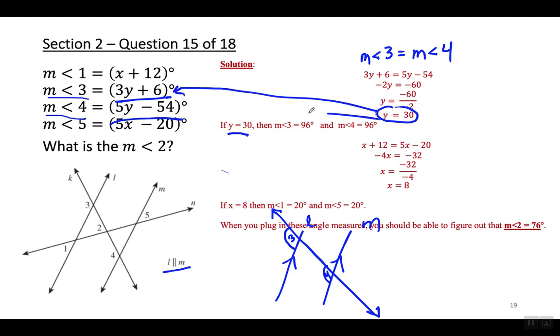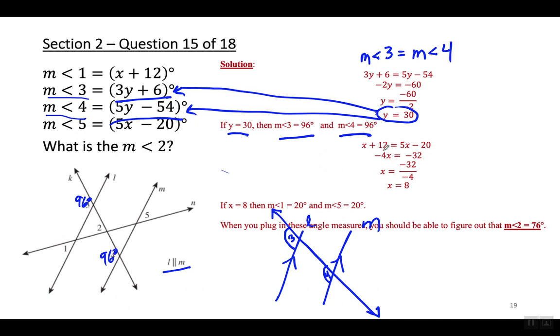Once you plug that into both of these, you're going to get that angle 3 equals 96 degrees and angle 4 equals 96 degrees. Okay, a la vez que encontré el valor de y, que es 30, lo sustituí aquí y aquí para saber que la medida de ángulo 3 y la medida de ángulo 4, los dos son 96 grados. All right, so this is 96 degrees, and this is 96 degrees. All right, what did I do next?